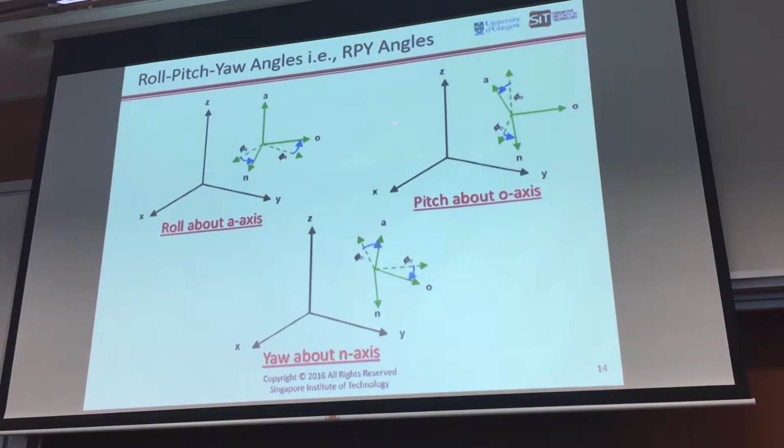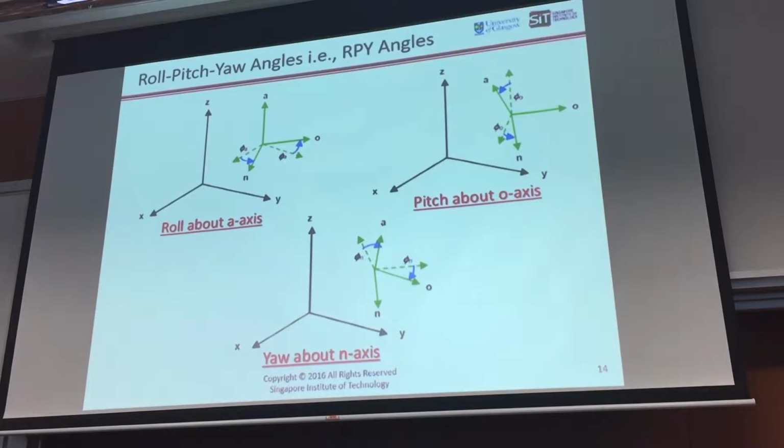Okay, now this is what we do for roll pitch yaw. First, we will do a roll, or rotation about the A-axis. A-axis refers to the Z. This is what you see.